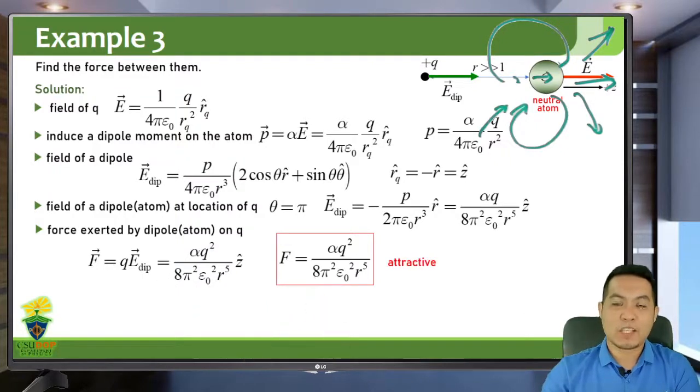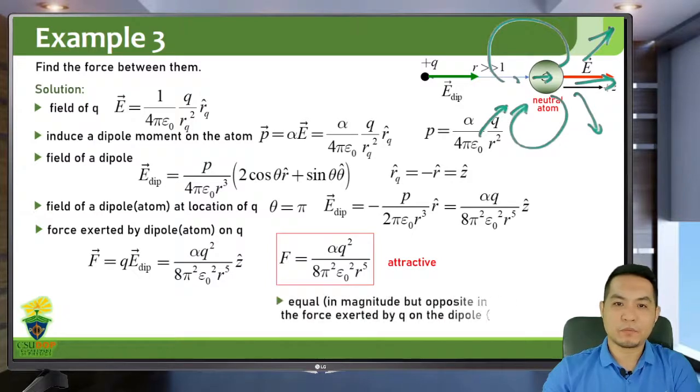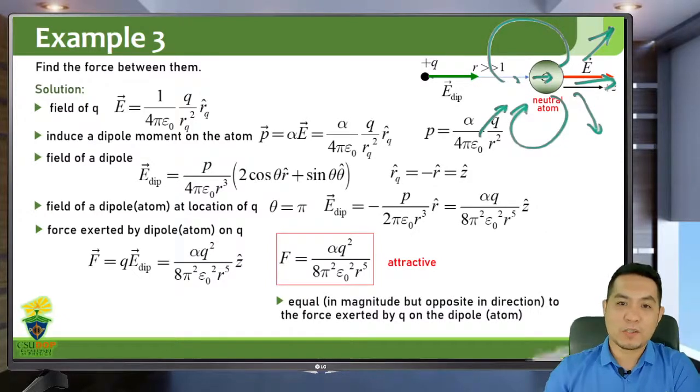So this force is actually attractive. They will pull each other towards themselves, equal in magnitude but opposite in direction to the force exerted by the point charge on the dipole. So in future lessons, we will be discussing the force on a dipole.